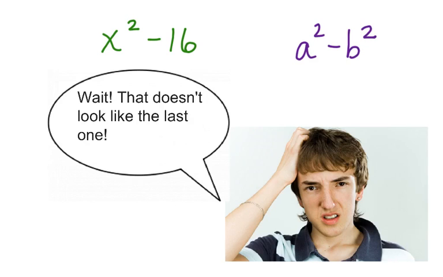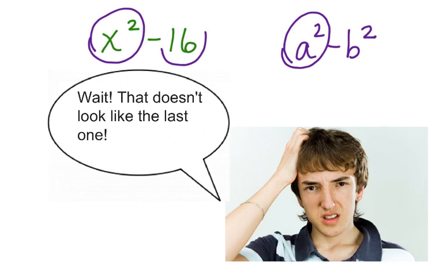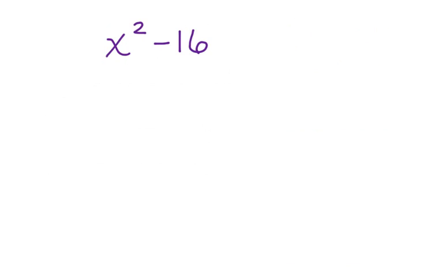However, we do have an x squared, just like we had an a squared, and 16 has a square. So there are two numbers that are the same that you can multiply together to get 16. So in this way, it's a lot like our b squared. Does that help? Now, let's look at how to factor it.